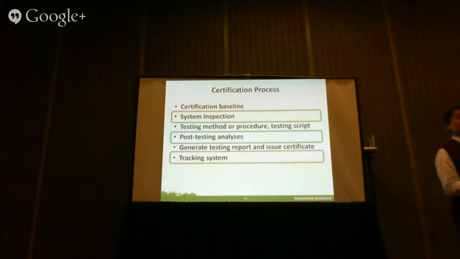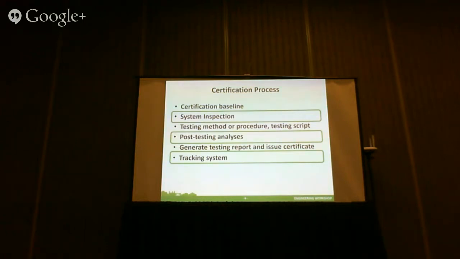So before we perform the test, we do the system inspection. We take pictures and check against the document, and then we input the records and make sure the system has the correct configuration.